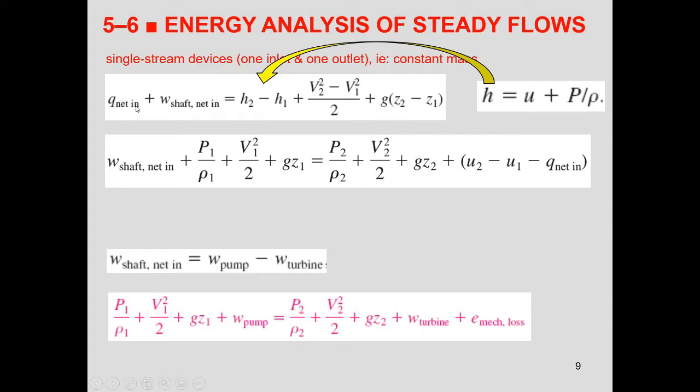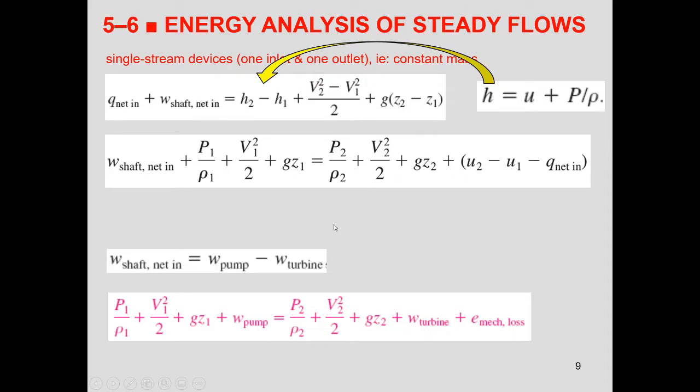From this we ignore the heat transfer, as I said before, so we just focus on the shaft work in, plus the effect of pressure, velocity, and also the potential energy.